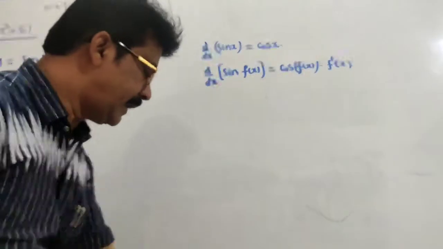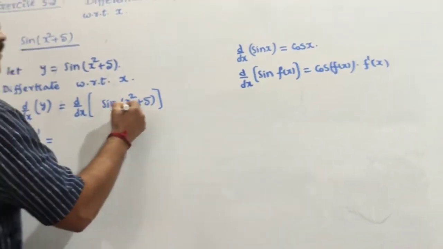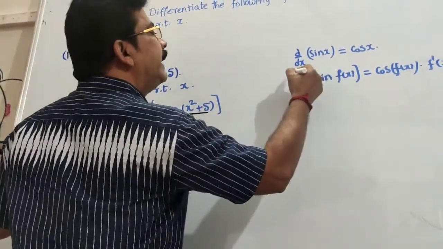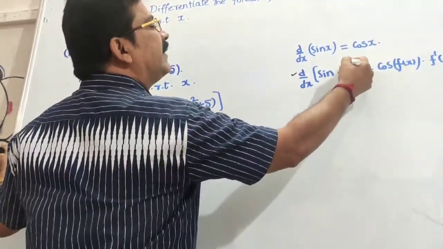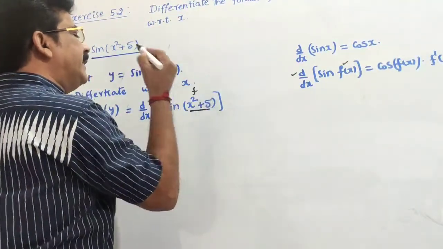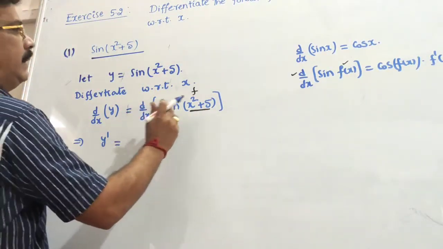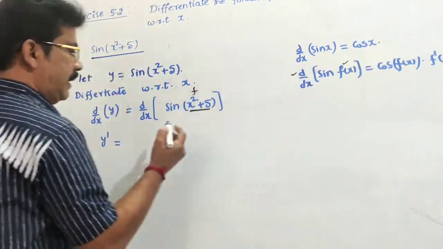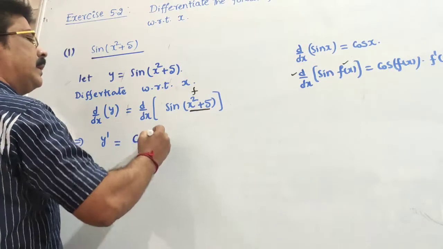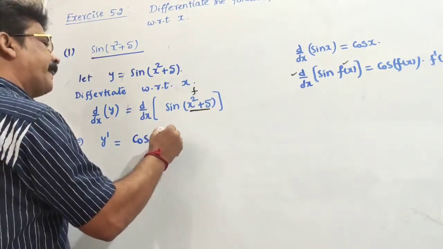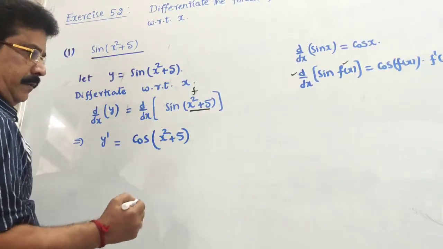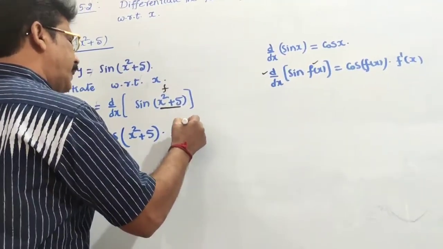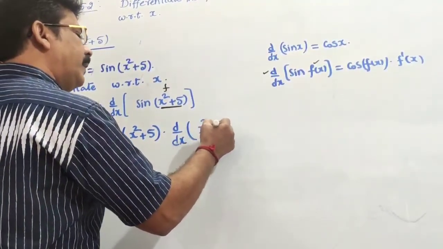So here sin of, it is not only x, that's why we are taking this formula, means we are saying let it be f of x. Then it is in the form of d by dx of sin of f of x, formula cos of f of x into d by dx of f of x.